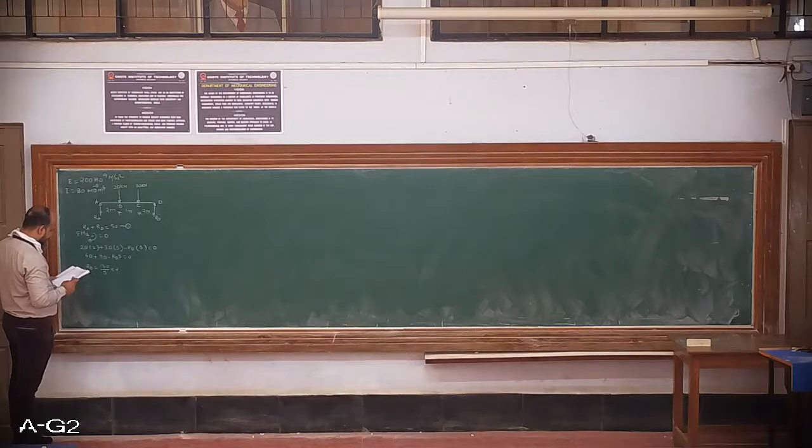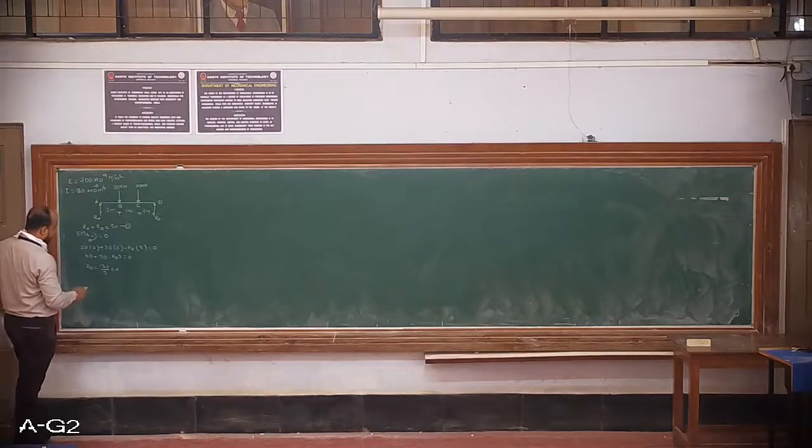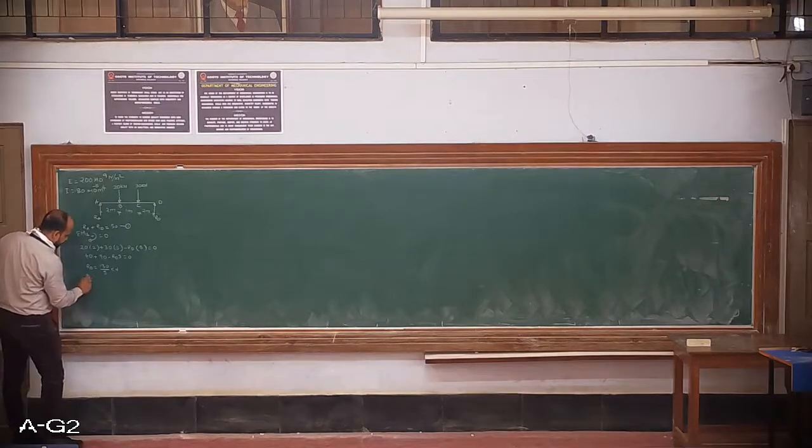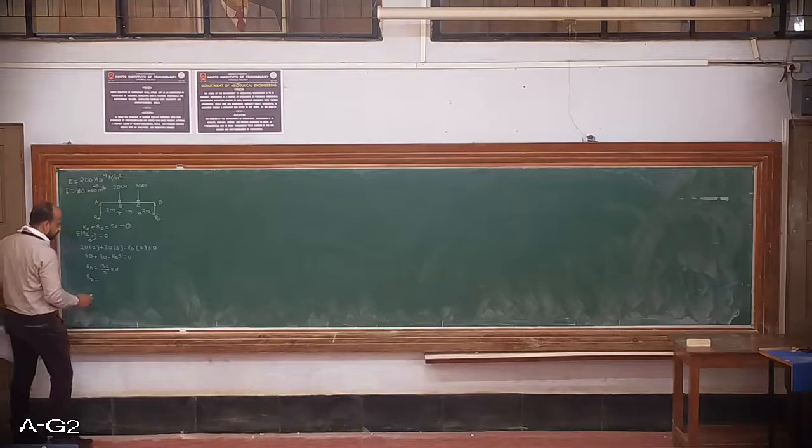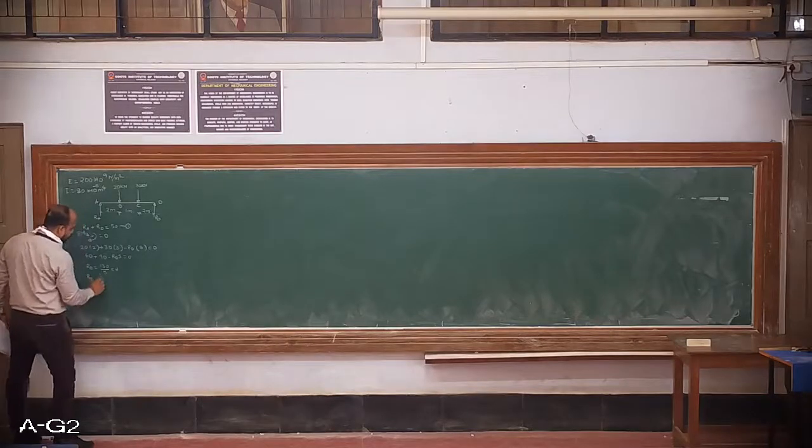Okay. RA plus RD. RD into 5. Directly I can write, right? Yes, I did mistake.